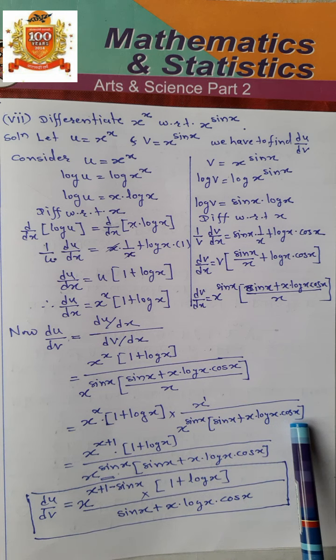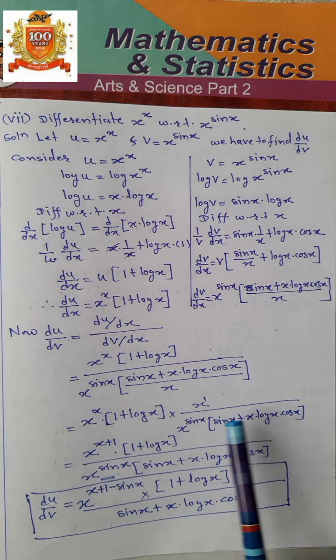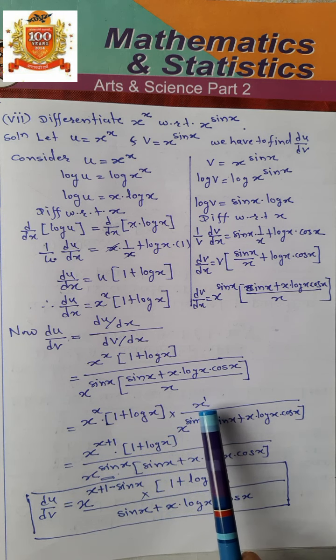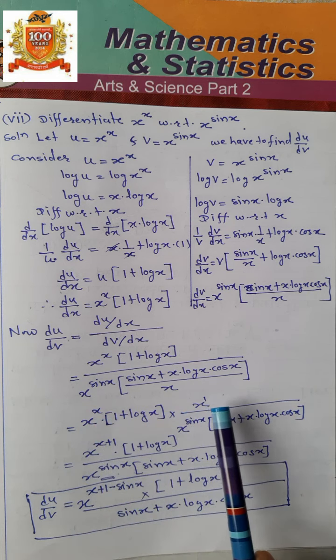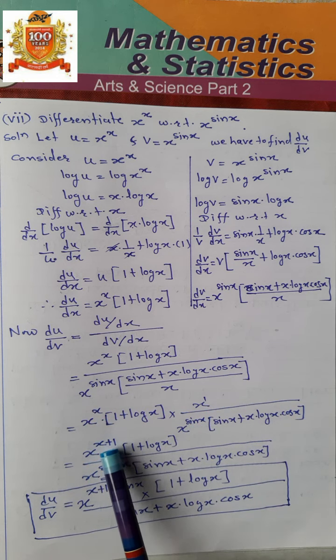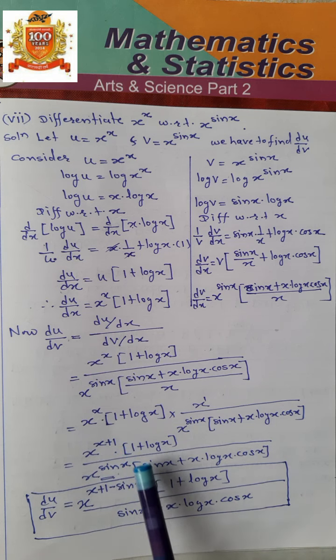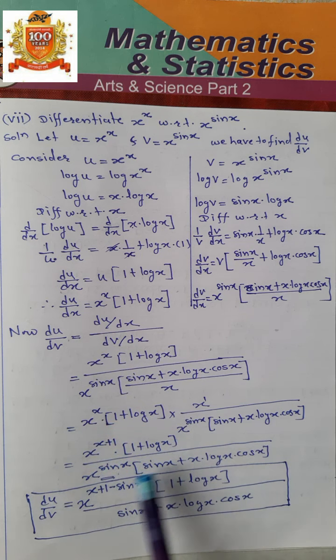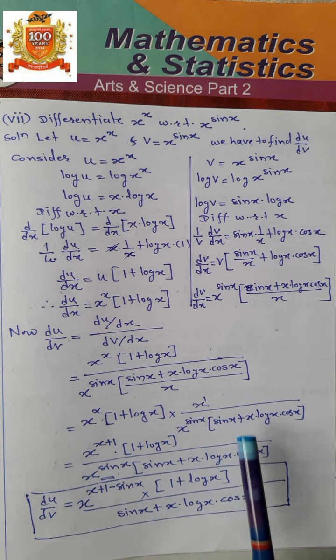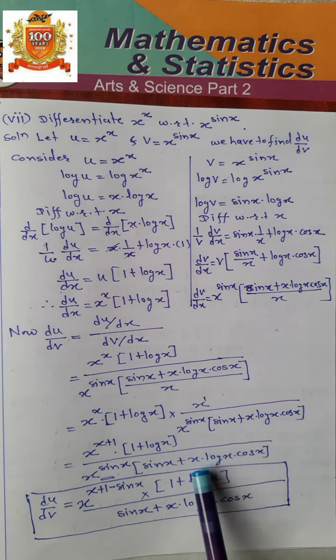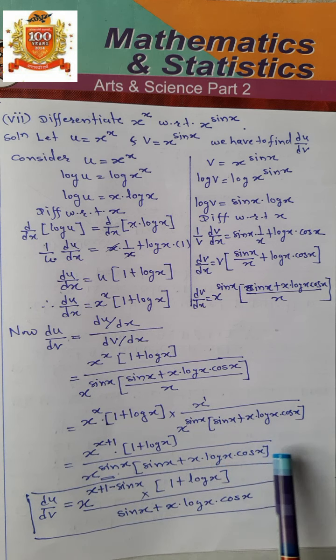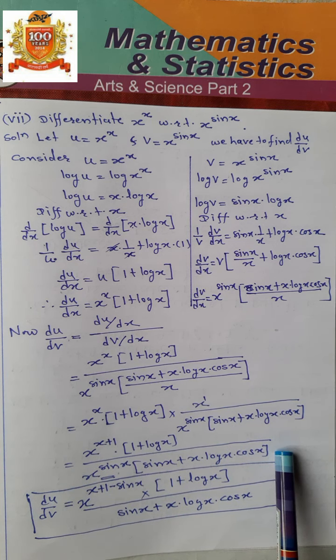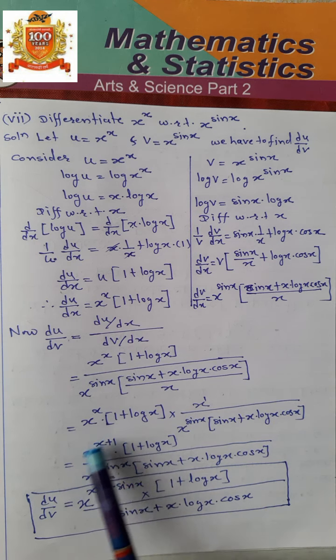Therefore, du by dv is equal to x raised to power x into bracket 1 plus log x into, this goes in numerator, x upon x raised to power sin x in bracket sin x plus x into log x into cos x. Isn't it? Now, by using the laws of indices, x raised to power x into x means x raised to power x plus 1 into bracket 1 plus log x as it is upon x raised to power sin x into bracket sin x plus x into log x into cos x as it is. Now use the laws of indices here again.